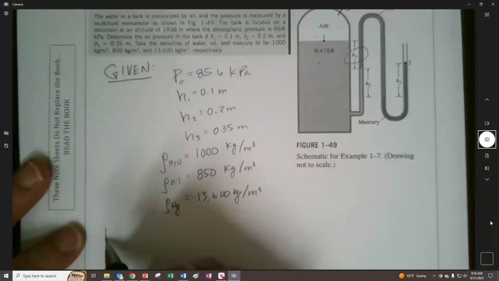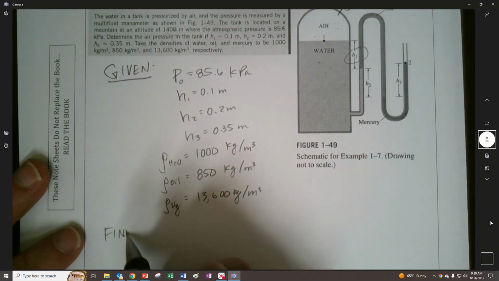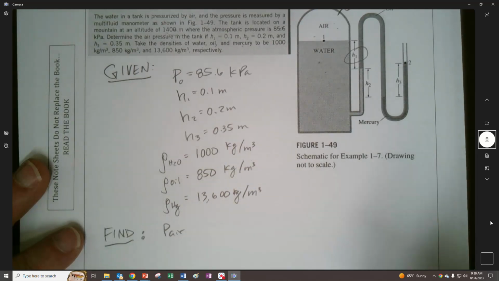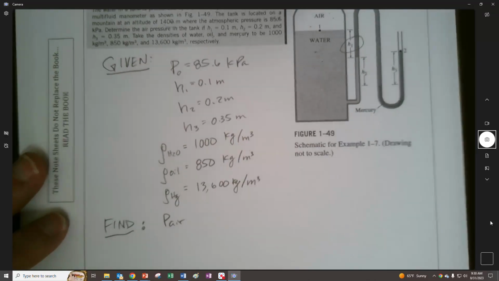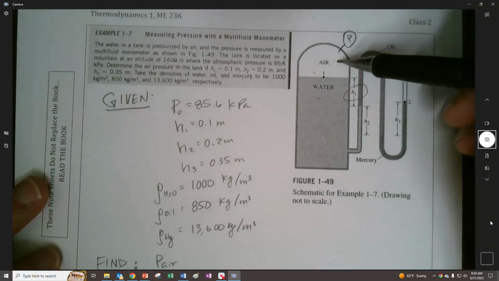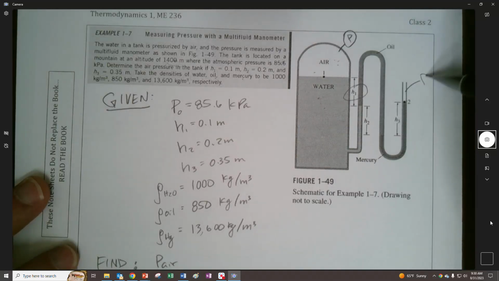And we want to find the pressure of the air. All right, so here's our destination. Here's the place we're going to start. Let's go P0 right here.